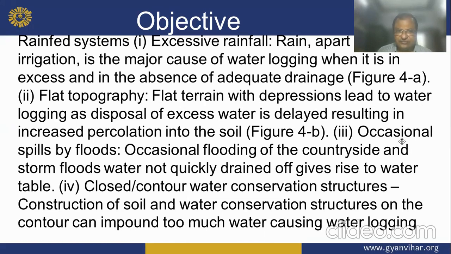Now, rainfed systems. Essential rainfall. Extensive plains, apart from irrigation, are a major case of waterlogging when there is excess rain and the absence of adequate drainage.